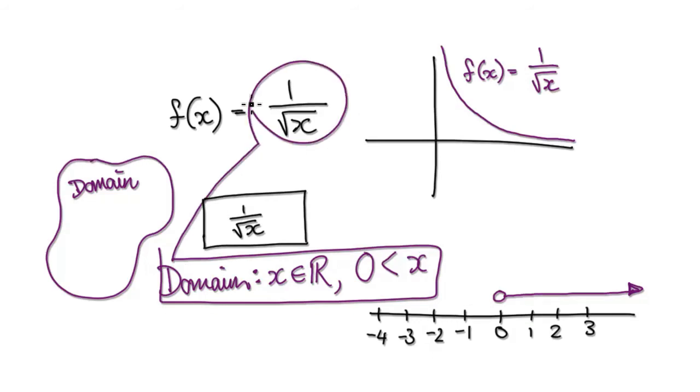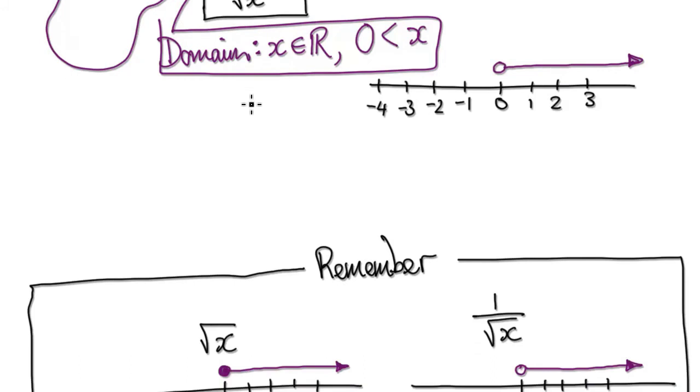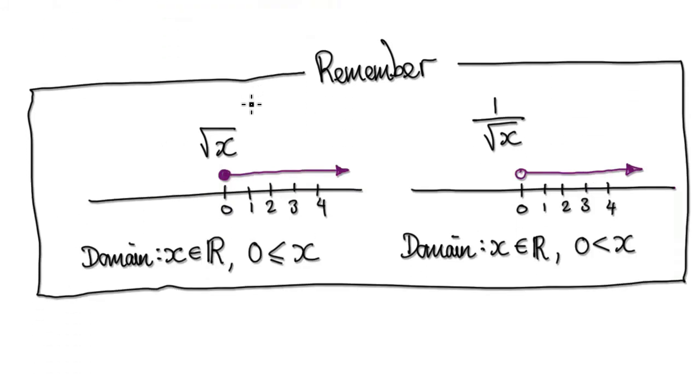Okay, so just a reminder, for the domain of the square root of x, you see you can square root 0, that's okay. So the domain for square root of x is anything on the real number line, and x can be equal to 0. But when you come to look at this, you can't divide by 0.